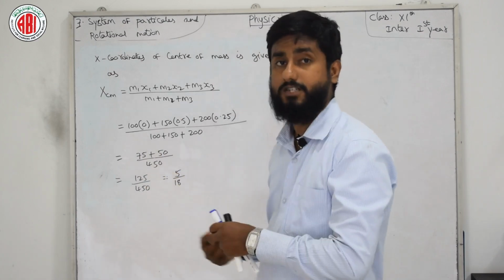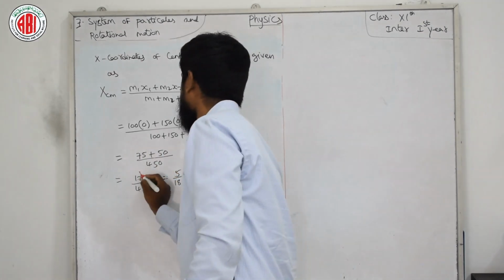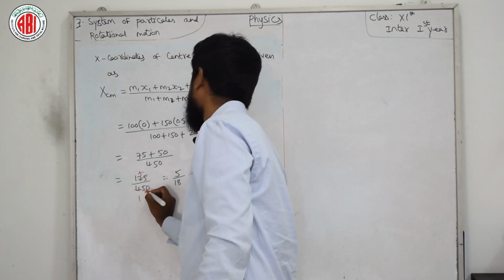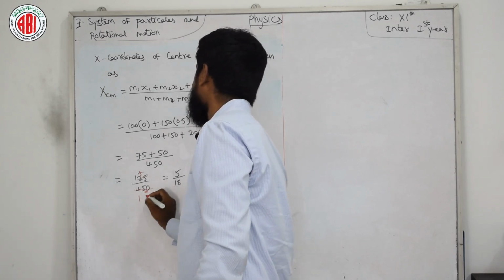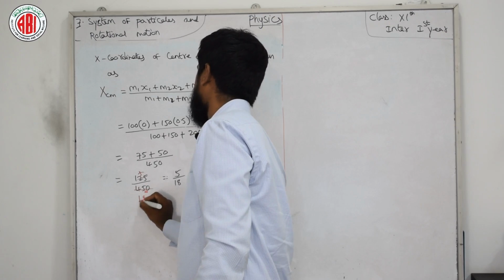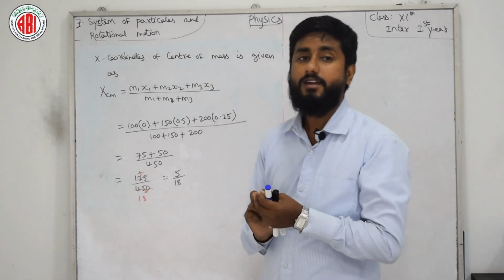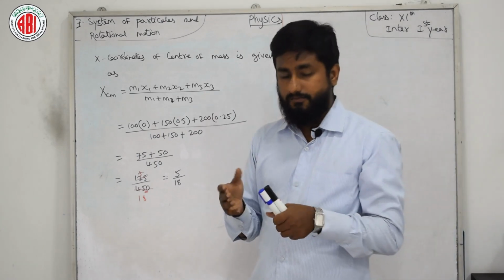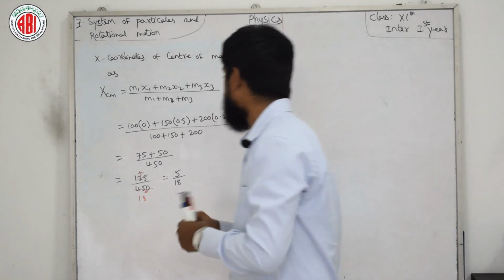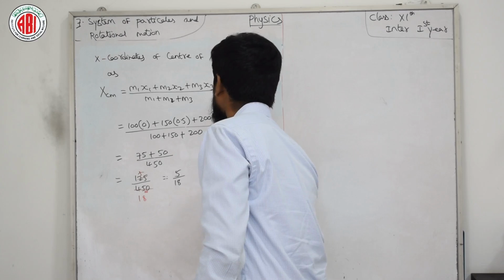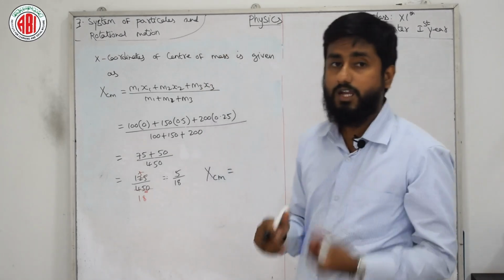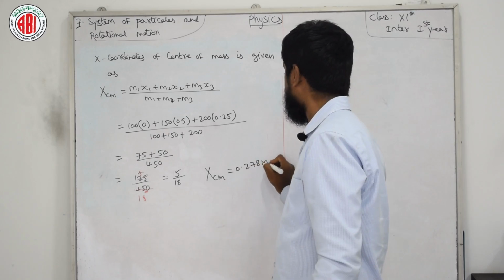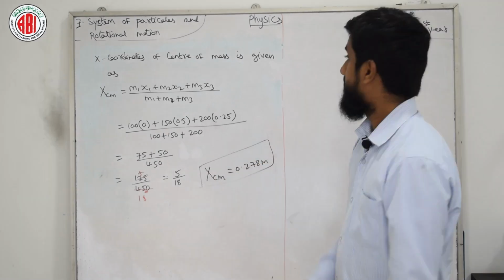With the help of the 25 table: 25 fives are 125, 25 ones are 25, and we have 200 remaining, which is 25 eights. So we got 5 by 18. If we divide this, we get the final answer: x in centimeters is 0.278 meters. This is the first answer.